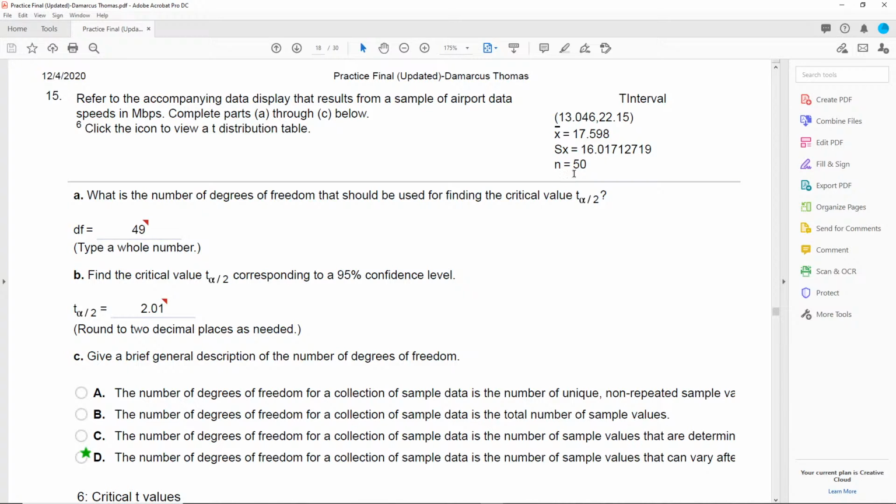Now, the degrees of freedom is going to be one less than the number. What happened was that they proved mathematically that if you subtract 1 from the sample size, your answer is going to come out better, closer to the actual thing. We're all trying to estimate the population parameters. We don't know the real population. We have sample data.